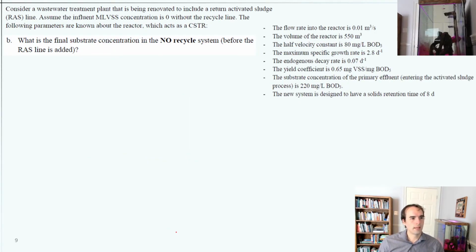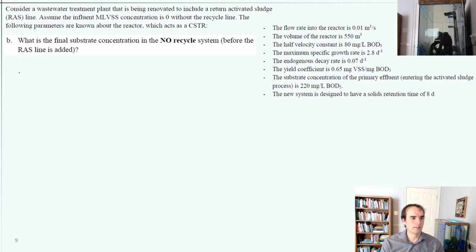Okay, part B then asks, what is the final substrate concentration in the no recycle system before the RAS line is added? We've got all these parameters here. So really this is asking the same question we looked at in the example problem at the beginning. So what is the final substrate concentration in the no recycle system that's just like the pond?